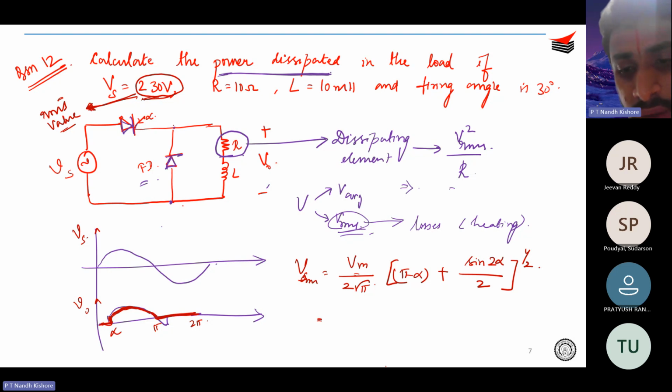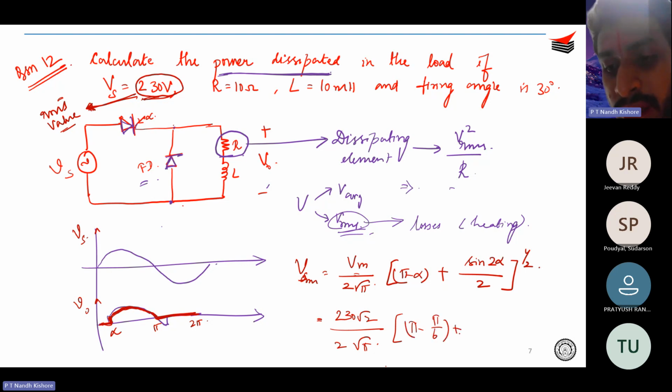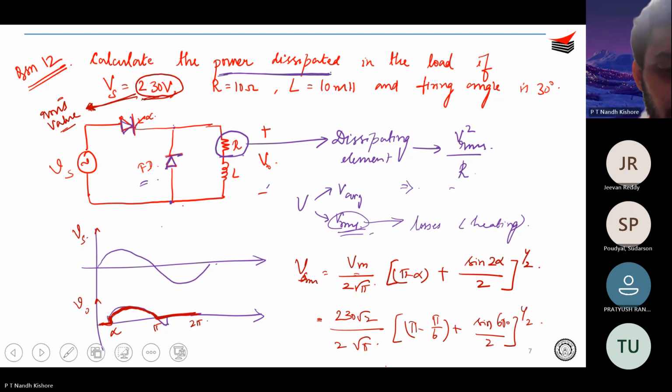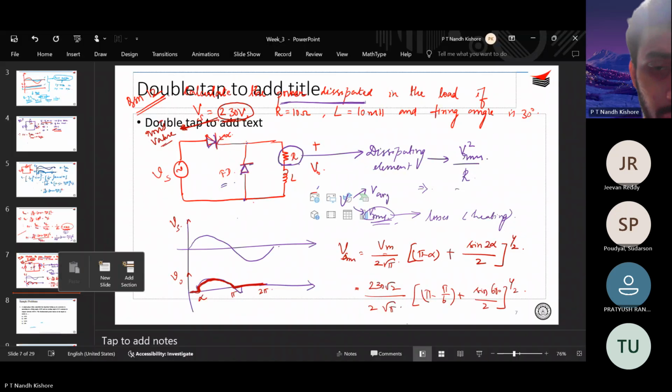So what's Vm? It would be 230 root 2 divided by 2 root pi into root over pi minus alpha plus sine 2 alpha by 2, right? So alpha is 30 degrees: pi minus pi by 6 plus sine 60 by 2.